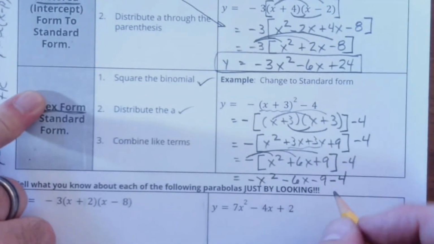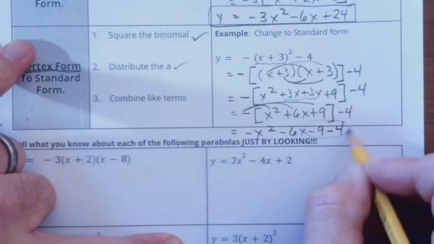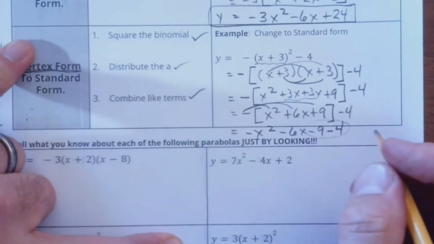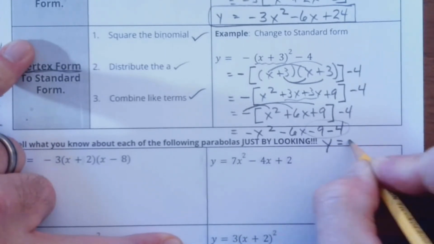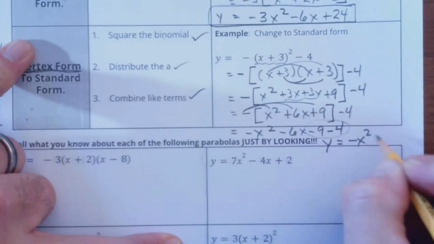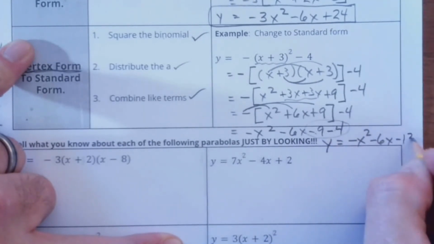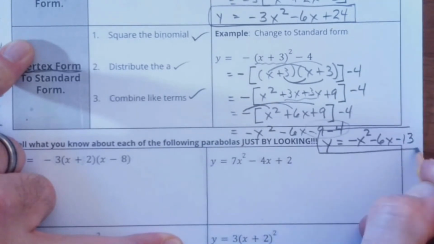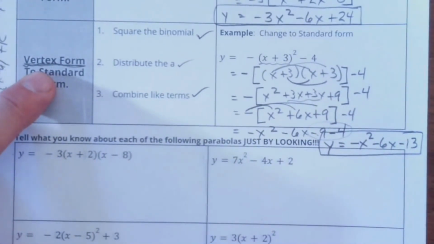And lastly, we have to combine these like terms, and so I am going to do that right here. So y equals negative x squared minus 6x, and then that's minus 13. So we have successfully transformed from vertex form to standard form.